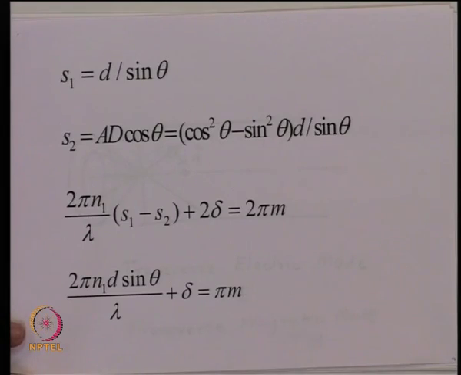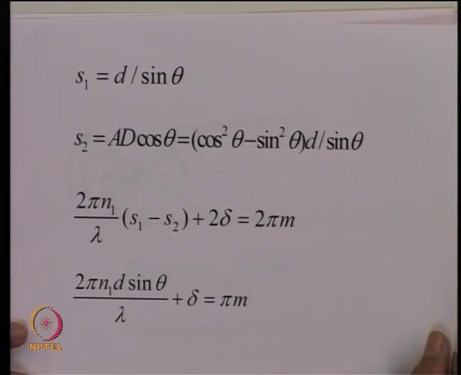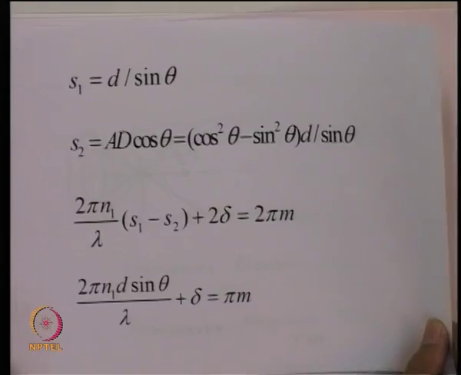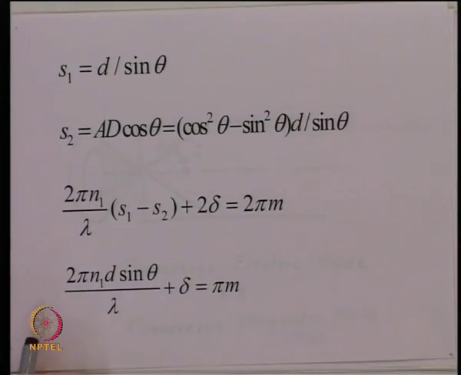So, now one can ask a very simple question. Is it possible that only the ray which goes along the axis of the optical fiber is launched, but the next angle which satisfies the phase condition is more than the numerical aperture cone? Why do I ask this question?